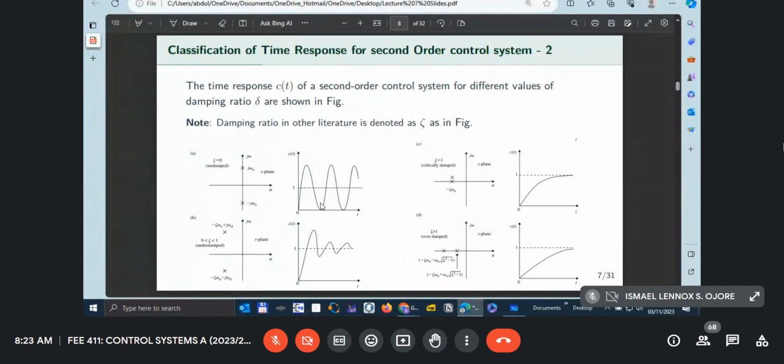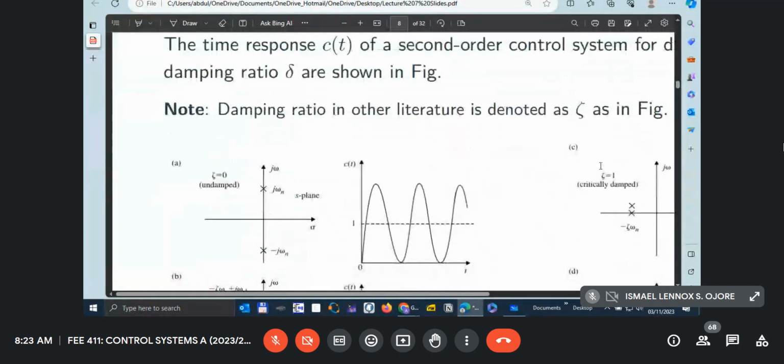So for the undamped system, we will revisit this again. When we have damping ratio equal to 0, this is when we have two of the poles at the imaginary axis.